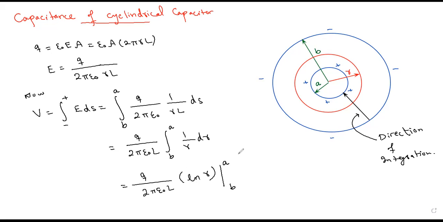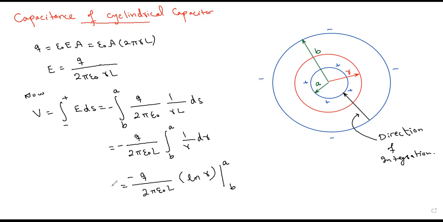Since we are integrating in the reverse direction, I need to put a negative sign here. Oh well, this is just fine. We are integrating from the initial to the final value.